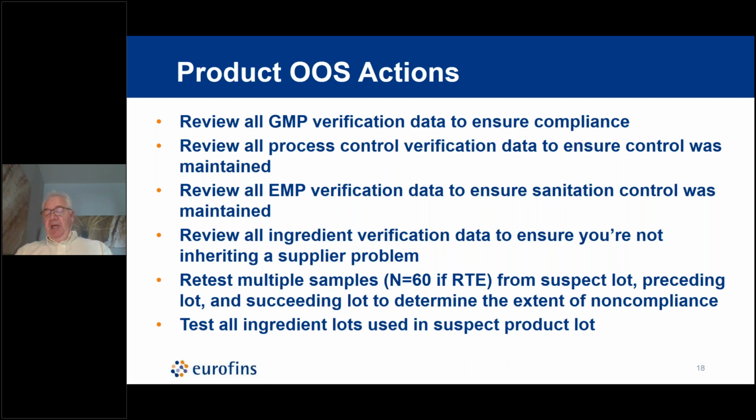A lot of people ask me, hey, I've heard of N=60, what is that? Well, it's an example testing number for trying to release product that you suspect is out of spec. So in this case, this comes from the International Commission for the Microbiological Specification for Foods, and it's a testing recommendation for foods that are ready to eat and are destined for a high-risk consumer.